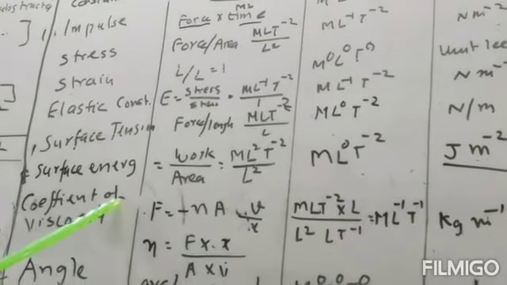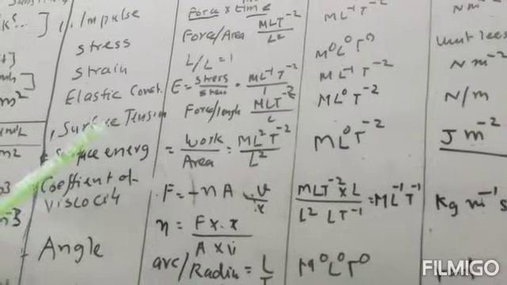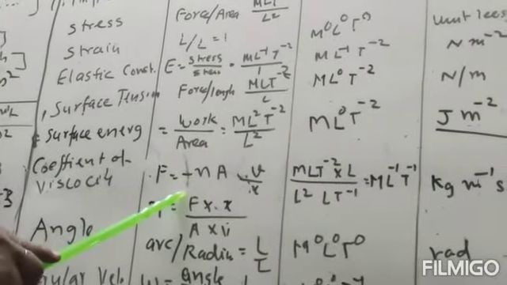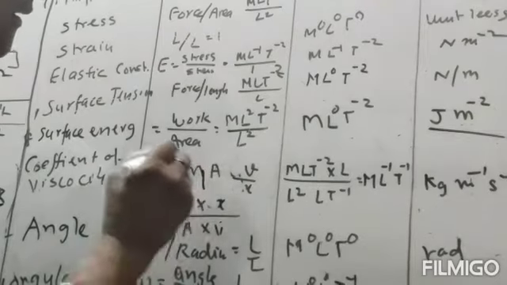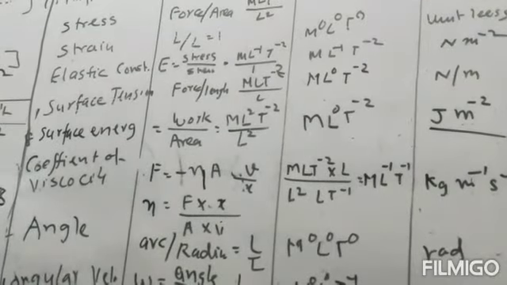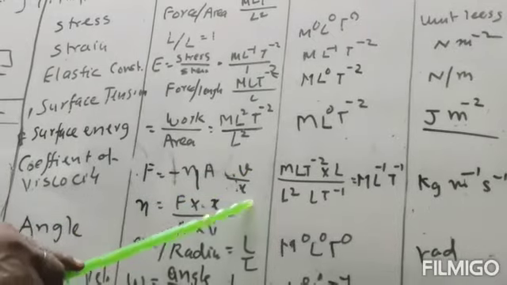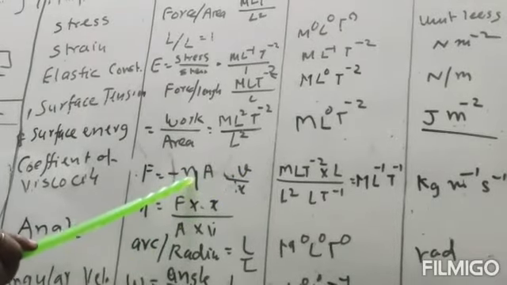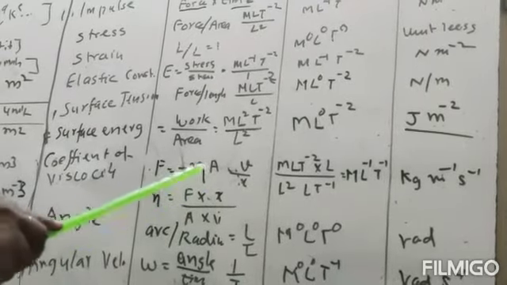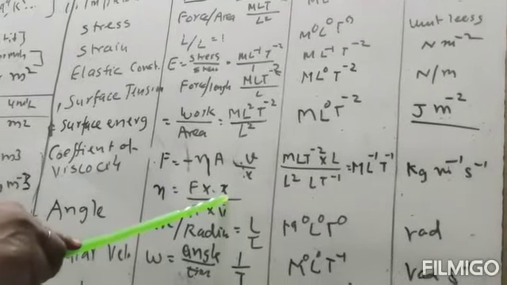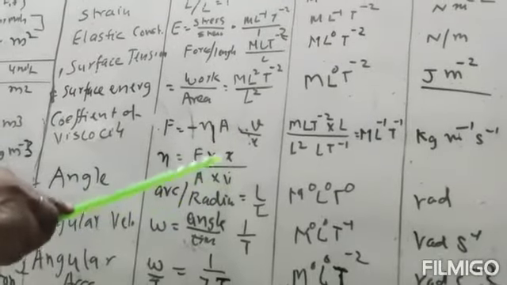Now coefficient of viscosity. Viscosity is also a property of liquid. The viscous force is equal to eta into A, area of cross section, into velocity gradient, that is velocity divided by L. So eta, the viscosity constant, will be equal to F into R divided by A into V. We substitute the value.